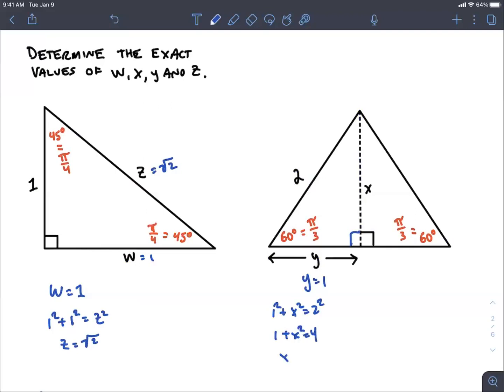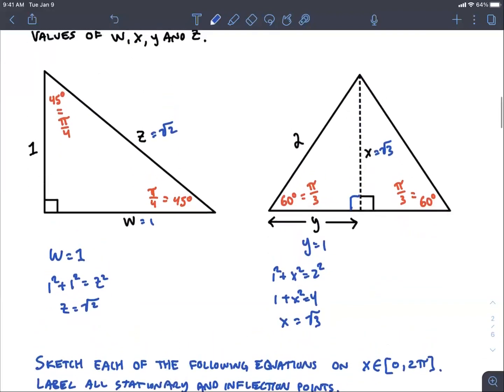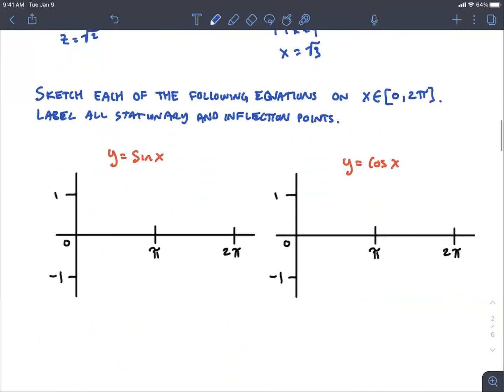Subtract 1, we have X squared equals 3, or just X equals the square root of 3. And so that's our altitude. All right, so these different side lengths will come in handy when we're simplifying exact trig values. So we'll come back to that in a minute.